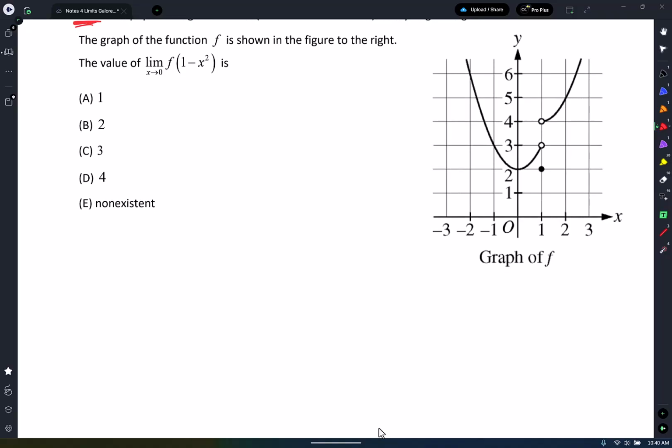How many think it's letter A? I'll give you guys an extra minute.